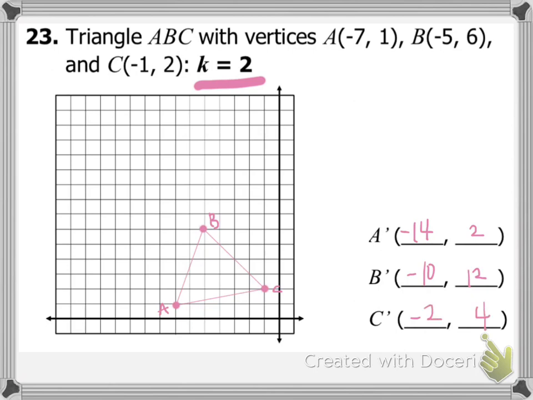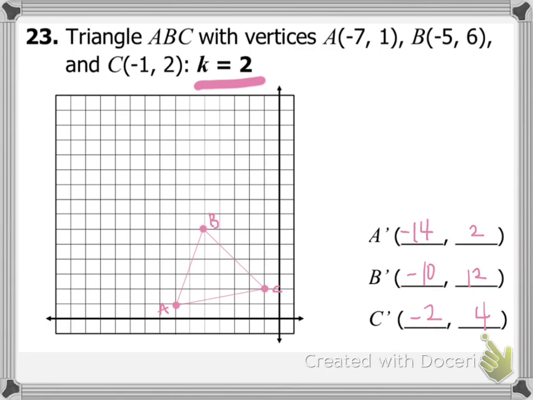So each one of those vertices is going to increase by a factor of 2. Okay, so that means we're going to expand it. Remember, when k is greater than 1, it's an enlargement. If k is less than 1, then it's going to be a reduction.